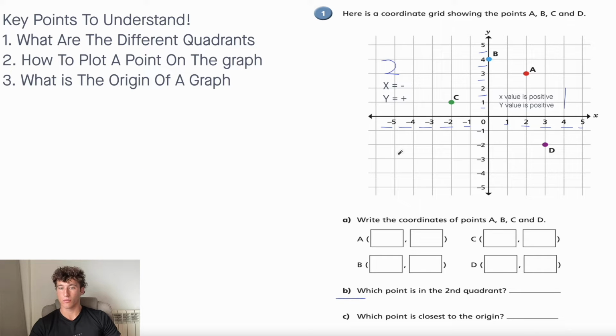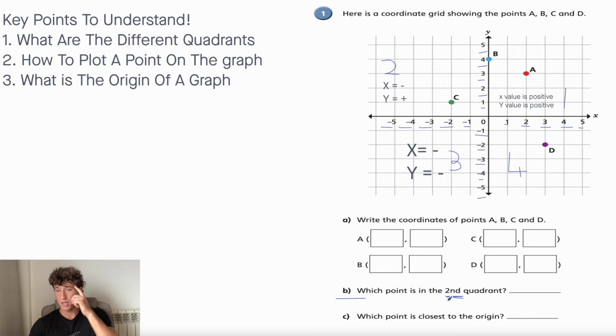So here quadrant 3 is going to be the bottom left, because x is always negative in this quadrant and y is also negative. And then finally, the last one, when x is positive and y is negative, that will be our quadrant 4.